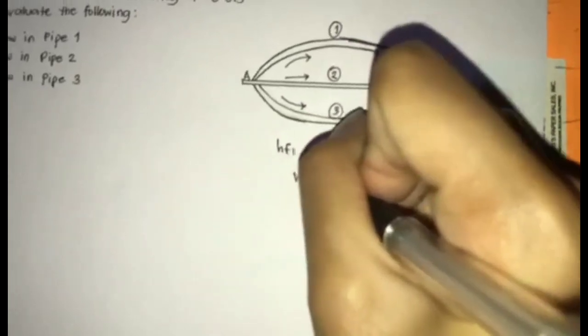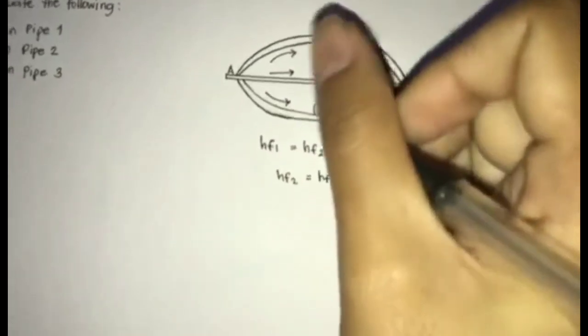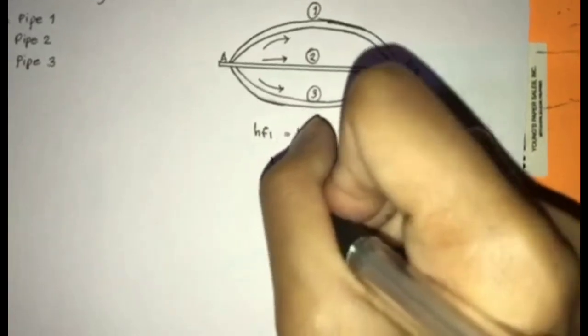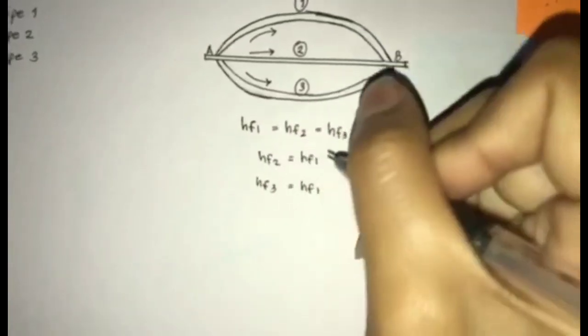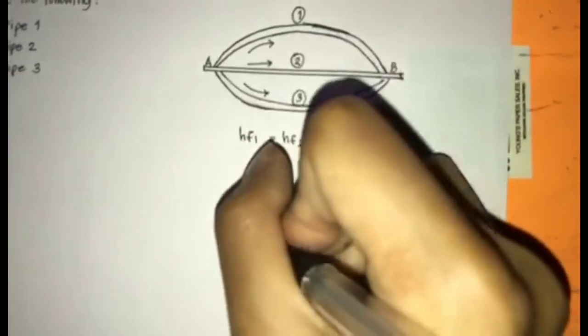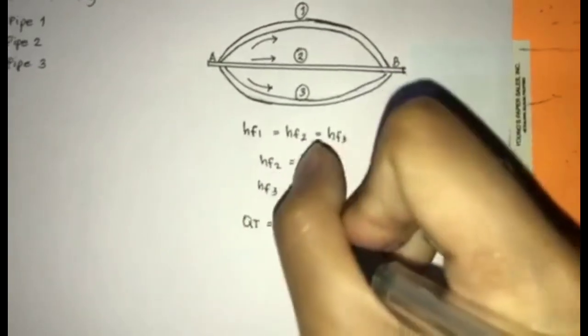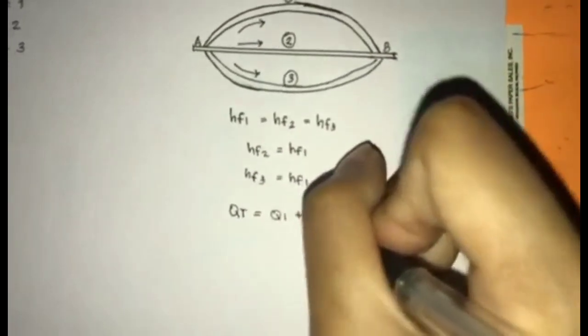Or we can say that HF2 is equal to the head loss in 1, or HF3 is equal to the head loss in 1. With the continuity principle, we can say that the total discharge is equal to the discharge in pipe 1 plus the discharge in pipe 2 and the discharge in pipe 3.